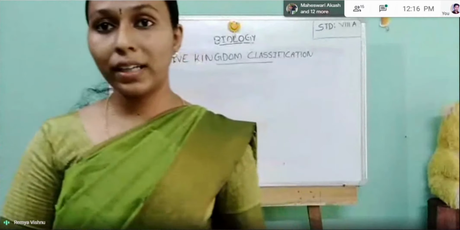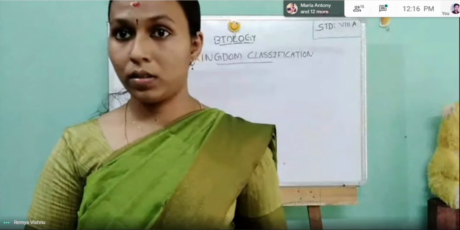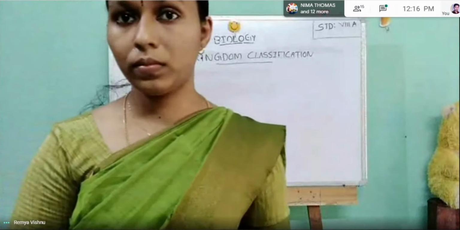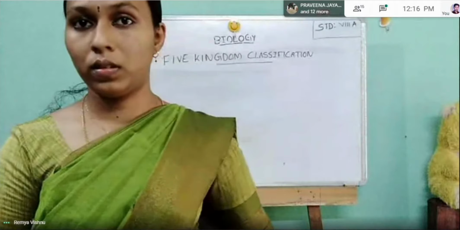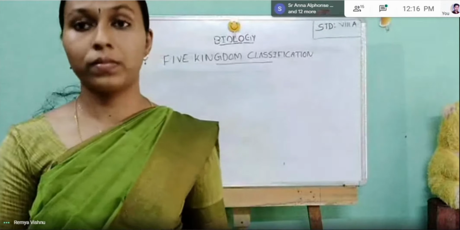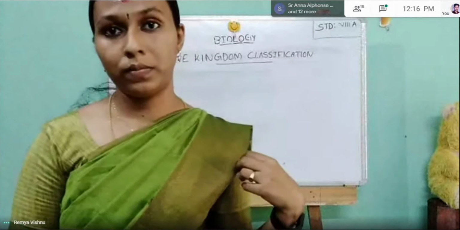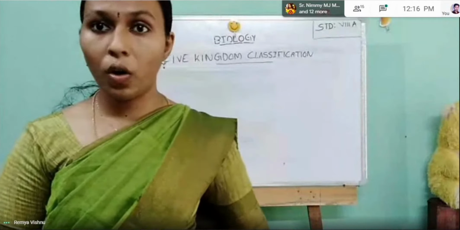Who is ready to read the first question and answer? First question is, what makes Kingdom Monera different from Kingdom Protista? And the answer is, the organisms included under Kingdom Monera are unicellular organisms without nucleus, but the organisms included under Kingdom Protista are unicellular, but they possess nucleus. Okay, very good.